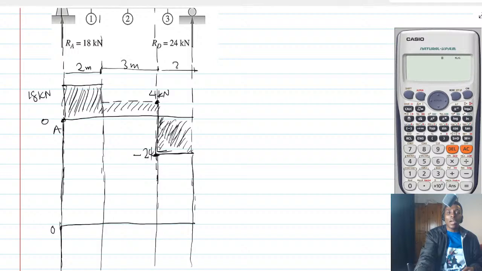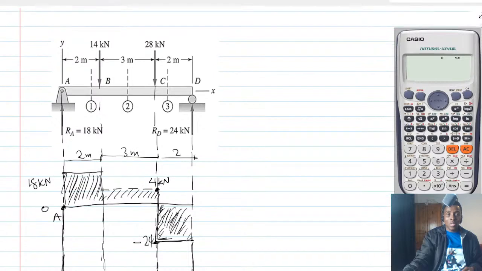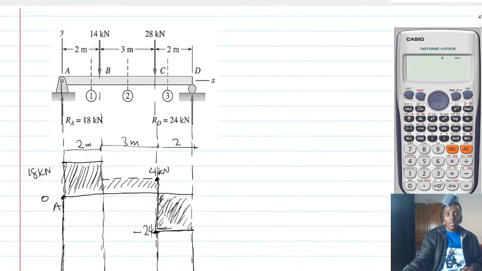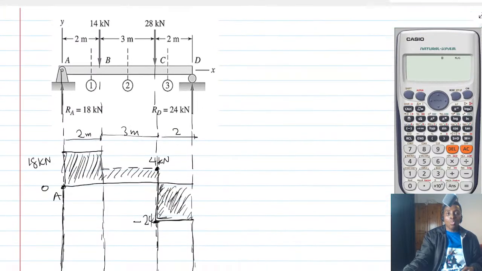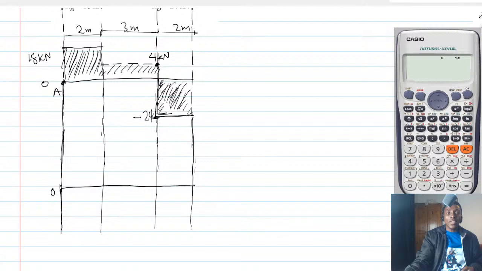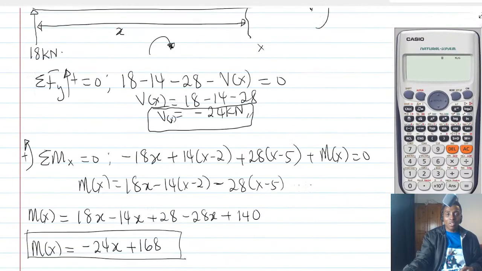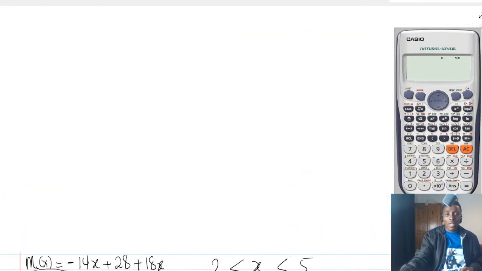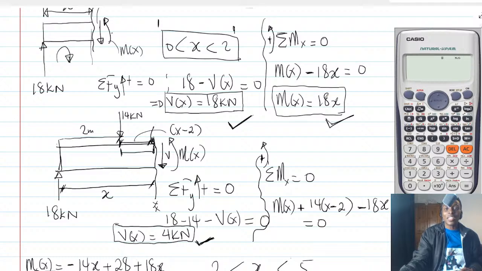Again, this is 2, right? All right. So what this means is that if the bending moment as a function of x for the first one, what was it? It was 18x.